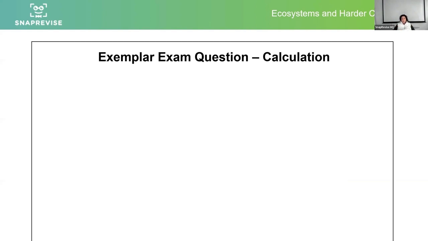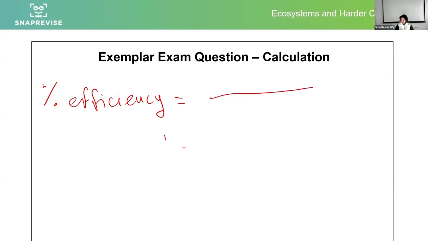What is the equation that we have to be able to remember? The percentage efficiency is equal to energy available after transfer.